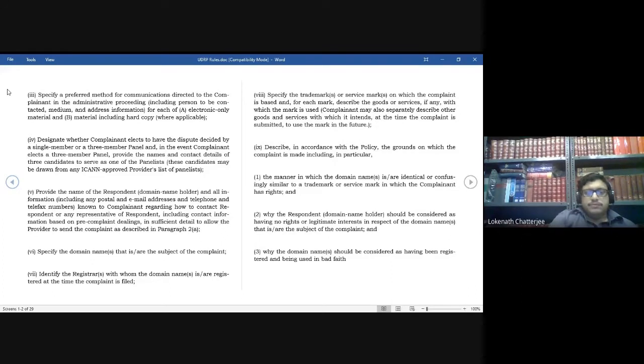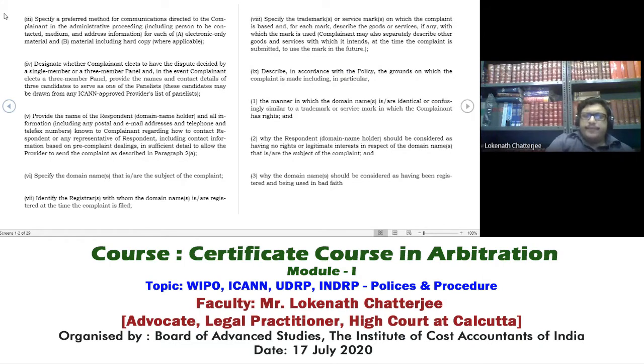Just like an arbitral panel or any other mode of alternative dispute resolution, one can have an odd number of members. It's either a single member or a three-member panel.